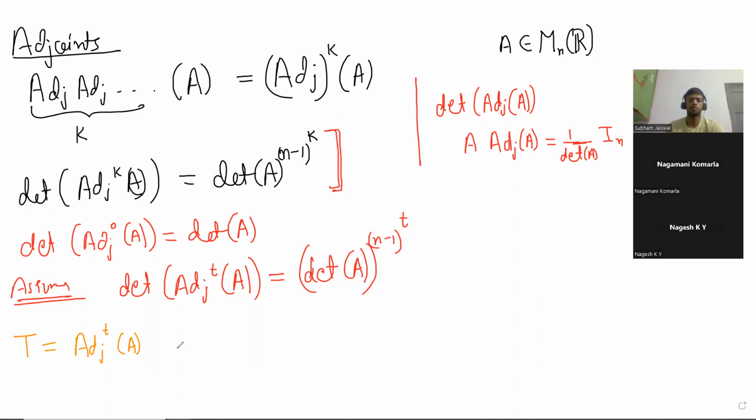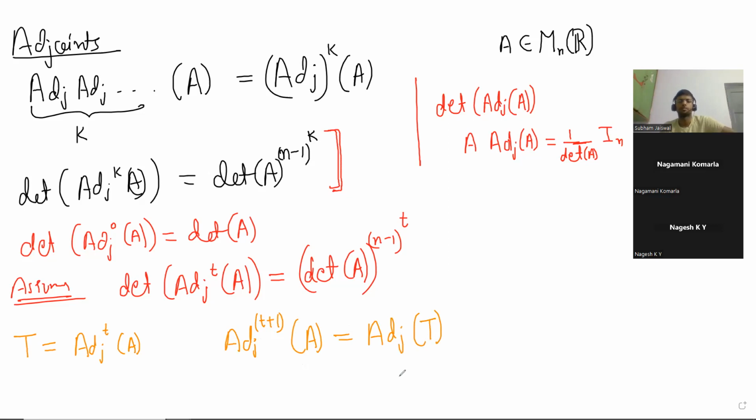Now the adjoint to the power t plus 1 of A is equal to the adjoint of capital T. That is just by definition.